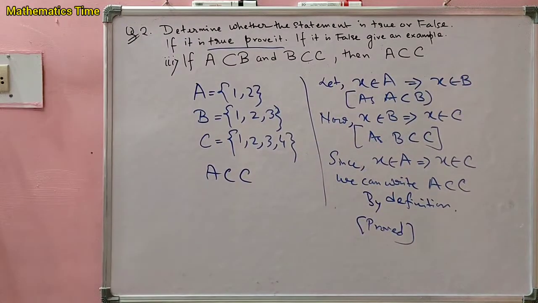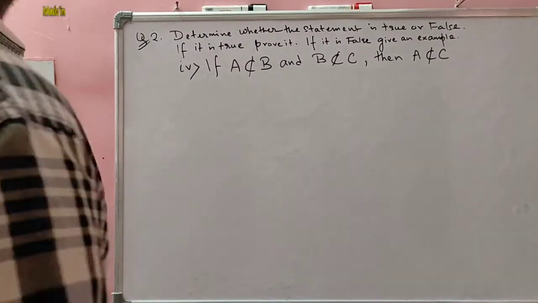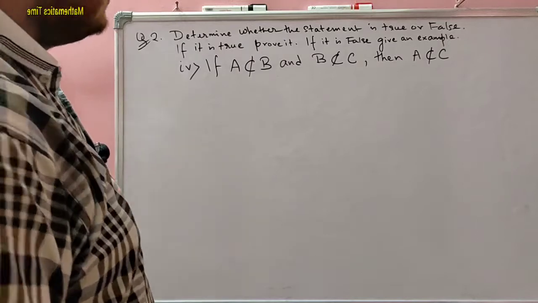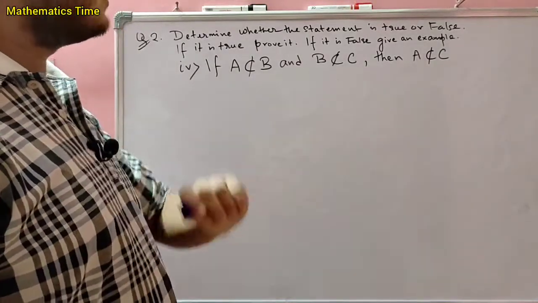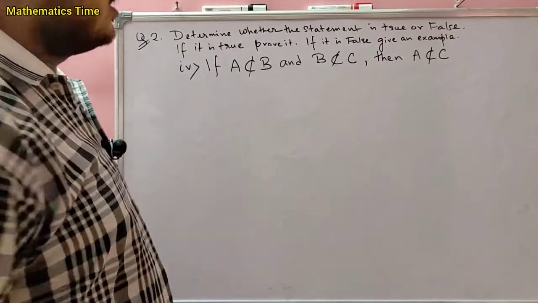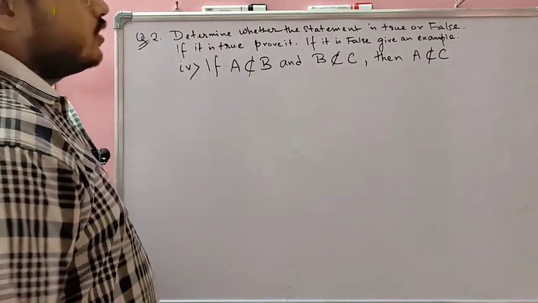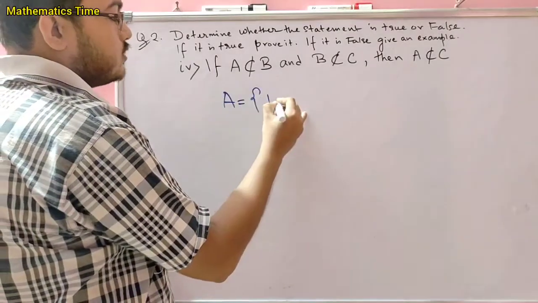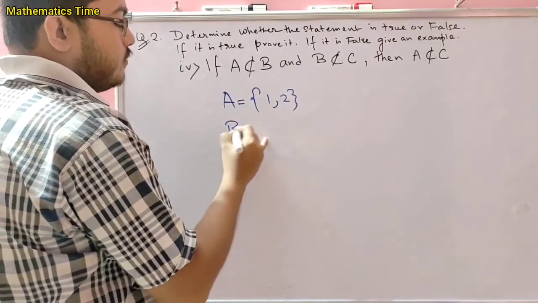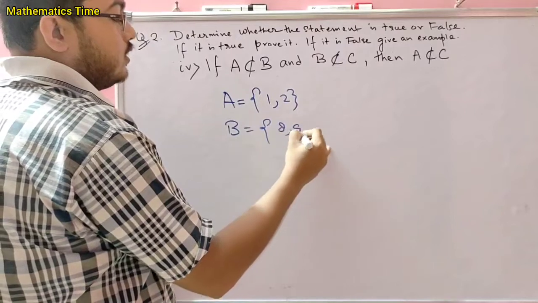Okay. Now what is our next question? If A is not a subset of B and B is not a subset of C, then we have to check whether A is not a subset of C or not. Okay, so we consider A as the set {1, 2}, B as the set {8, 9, 10}.